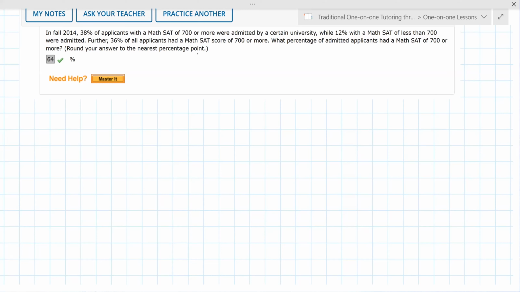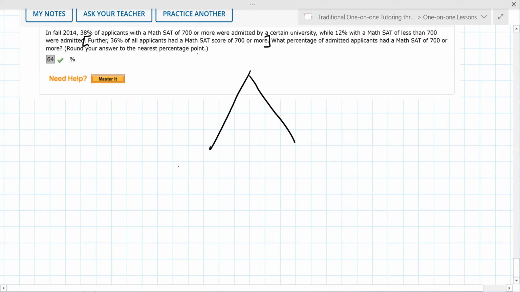So this one's a little bit out of, this is the first sentence you want to focus on. And there's two forks here. There's over 700 and then not. So 0.36, those are all the applicants, and then 0.64.